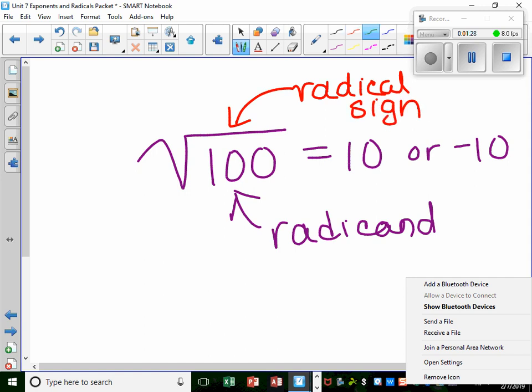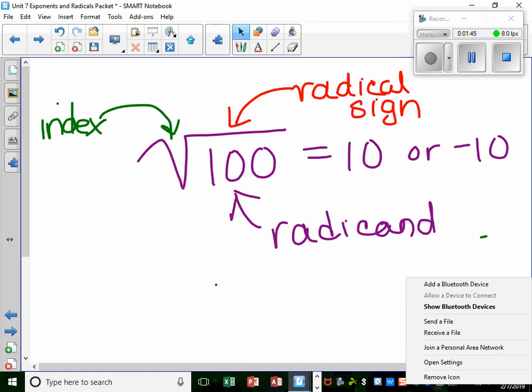And inside of here, even though we don't see a number there, and I'll show you sometimes you do see it, that's called your index. Sometimes we don't see the number. If you don't see it, just like we don't see the coefficient 1, when it's invisible, it's 1.